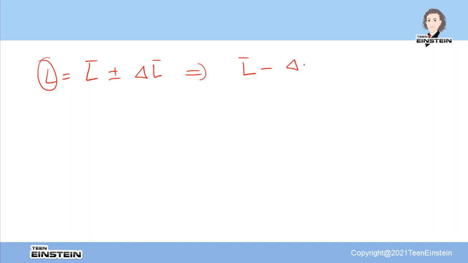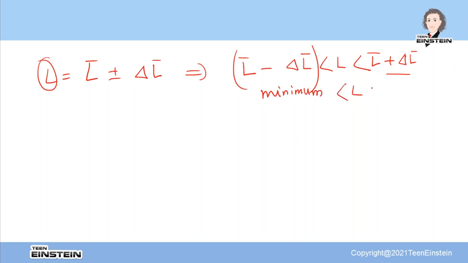One is L average minus this, and the other is L average plus this. So the error will be in this range, and the length will be in this range. The minimum value for length will be this one, and the maximum value will be this one.